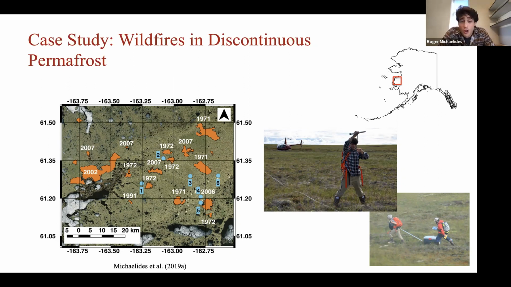And this area was chosen very deliberately, because if you notice here, it's experienced a large number of wildfires over the last 50 or so years. So in orange are the spatial extent of various wildfires over this study site, with the years of the fires noted beside them. So you'll notice that we have fires from 1971 all the way to, in this example, 2007.